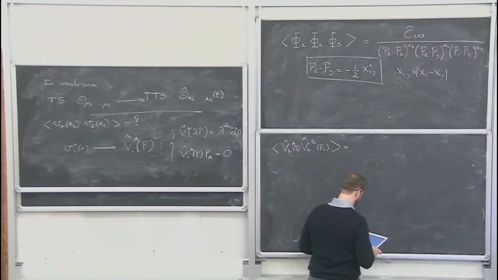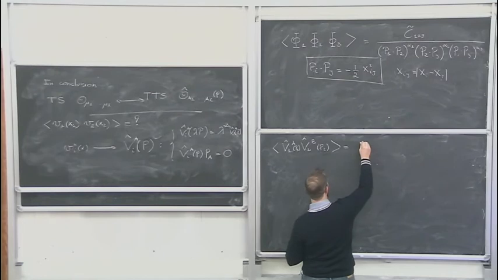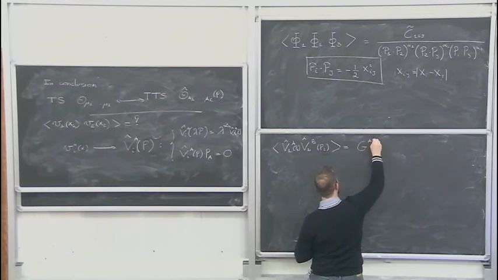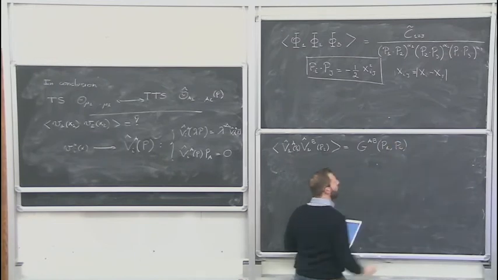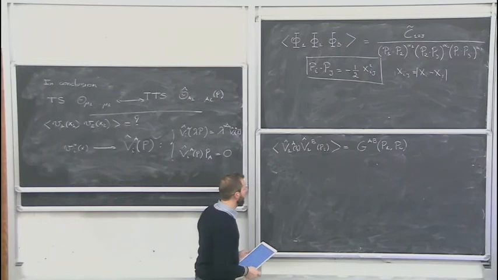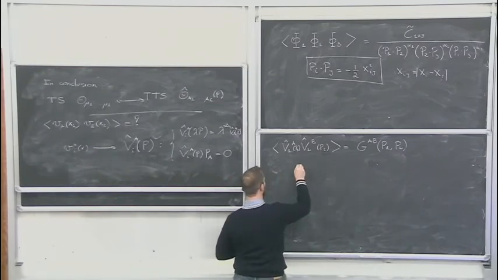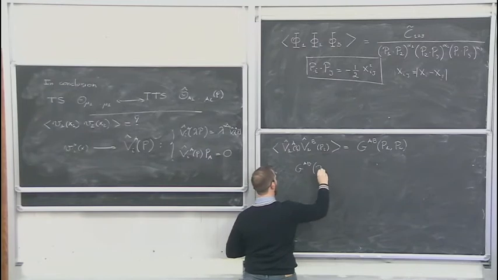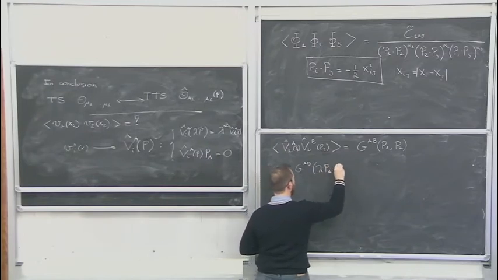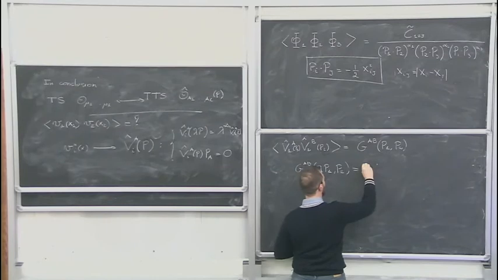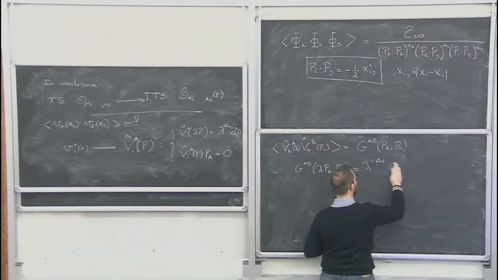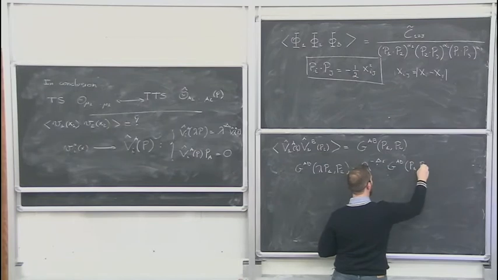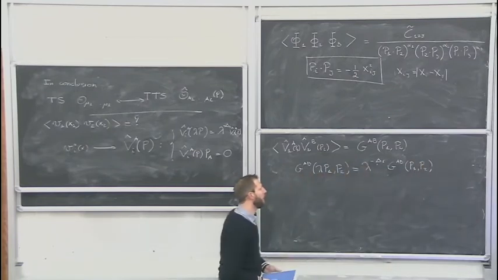Let me call this object G_AB of p1, p2, for shortness. The conditions on G_AB are that G_AB of lambda p1, p2 has to be equal to lambda to the minus delta 1 times G_AB of p1, p2, and a similar story with p2.